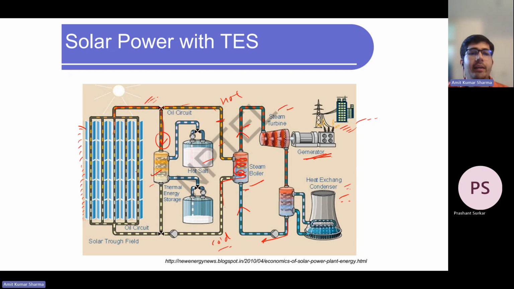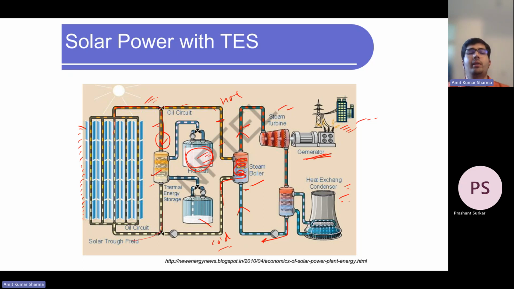Here we have solid salt and molten salt, and the fluid flows like this. This fluid will supply its energy to this salt, and it will become hot salt, or melt, and store energy. So we can store energy here. The fluid loses energy, and again the cold fluid goes through this.